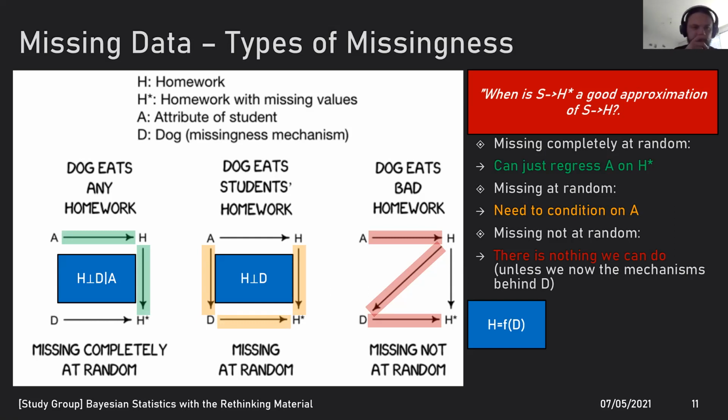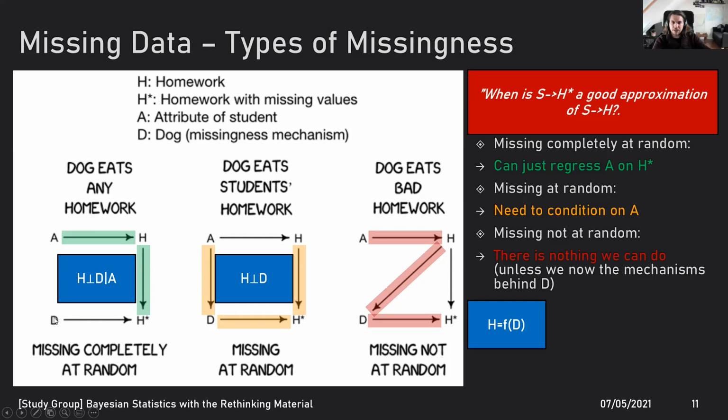Yeah. So the true score H in dog eats any homework on the left-hand side. Let's just talk about missing completely at random for now. Yeah, because H star in the DAG on the left-hand side is a collider.